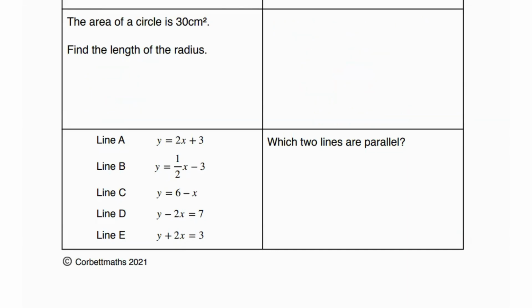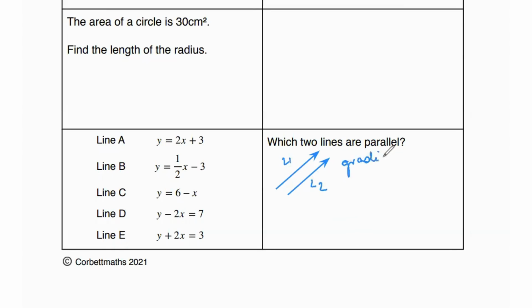Then it says, which two lines of these are parallel? So we have 5 lines, line A, B, C, D, and E. And we have to identify which two of these lines are parallel. So the main property of parallel lines is that they both have the same gradient. So this is L1, this is L2.